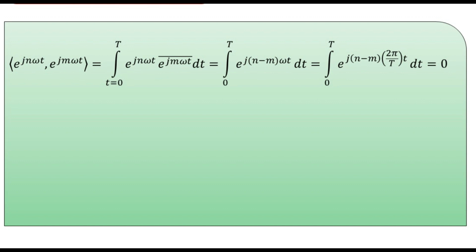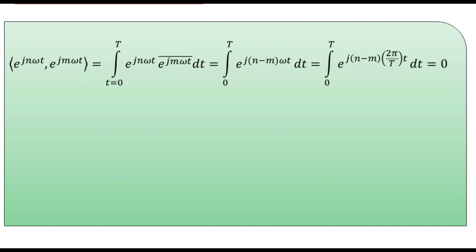So this is equal to the integral 0 to capital T e to the power j times (n minus m) omega t dt, also expressed in the form integral 0 to T e to the power j times (n minus m) multiplied by 2 pi divided by capital T, and further multiplied by small t dt, that also comes out to be equal to 0 here. So these are the three situations we have seen.